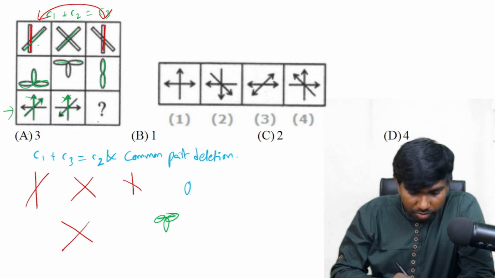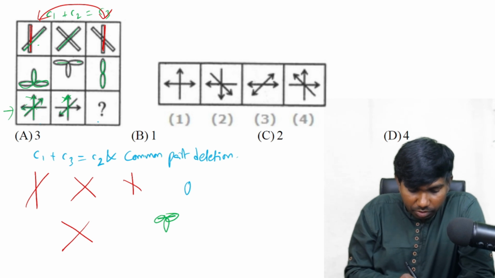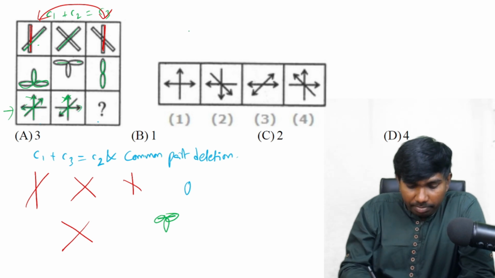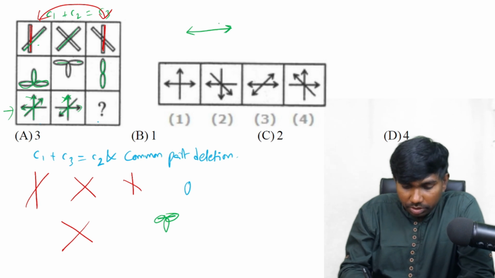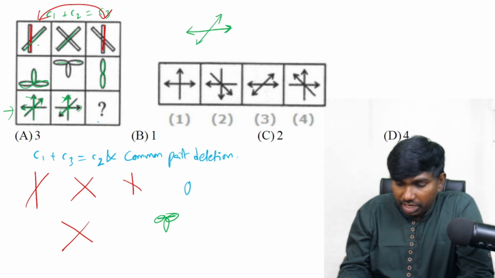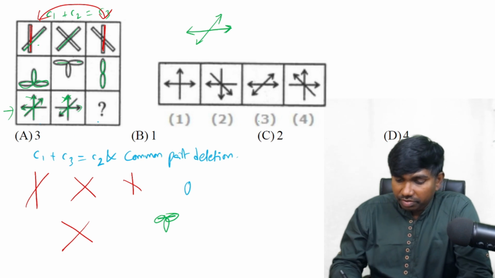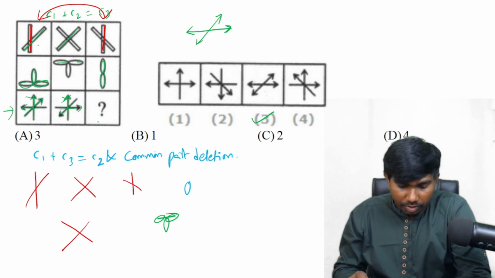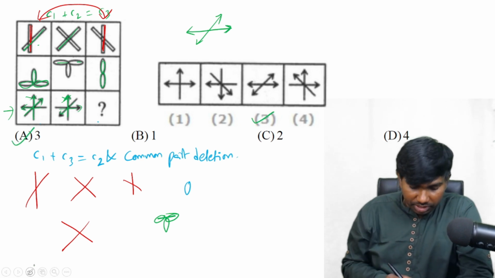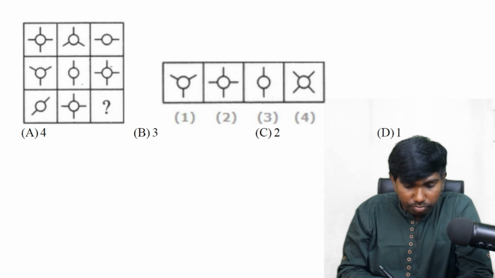Bottom left arrow cannot be deleted. Left arrow not deleted, right arrow not deleted. Left arrow and right arrow together will make a both sided arrow, and this diagonal arrow is also making one more both sided arrow. So which is our answer figure? Figure 3 is the answer figure. Figure 3 is available in which option? Option A.